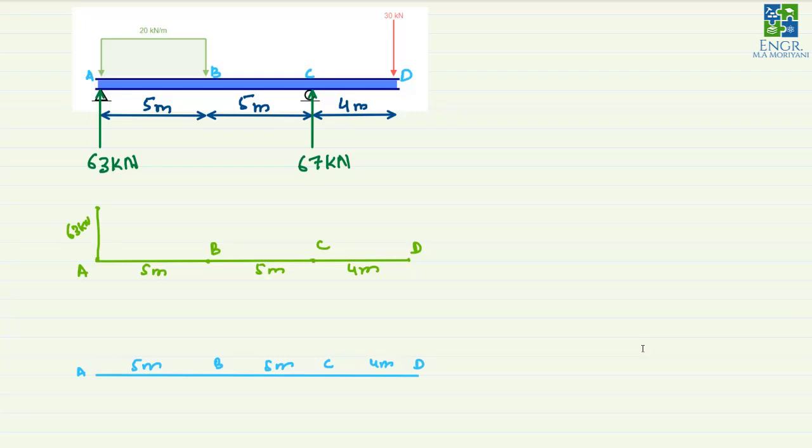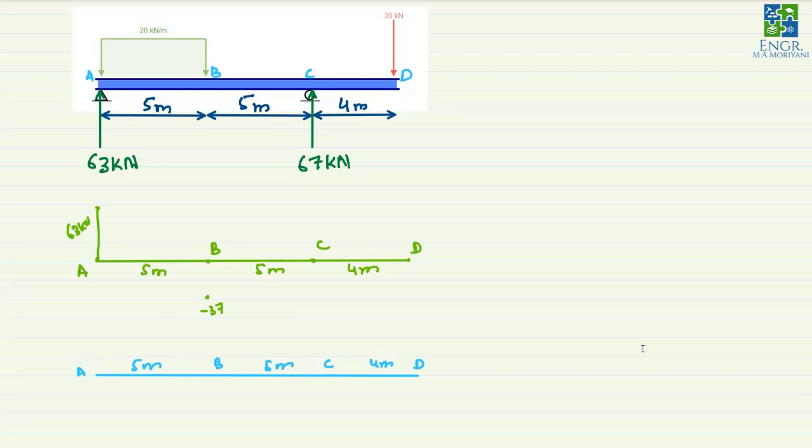From A to B, the area under the curve is 20 multiplied by 5, which is 100. So from A to B there should be a change of negative 100. At A we have the value of plus 63. If we subtract 100 from plus 63, we get minus 37. So at B the value of shear force should be minus 37.